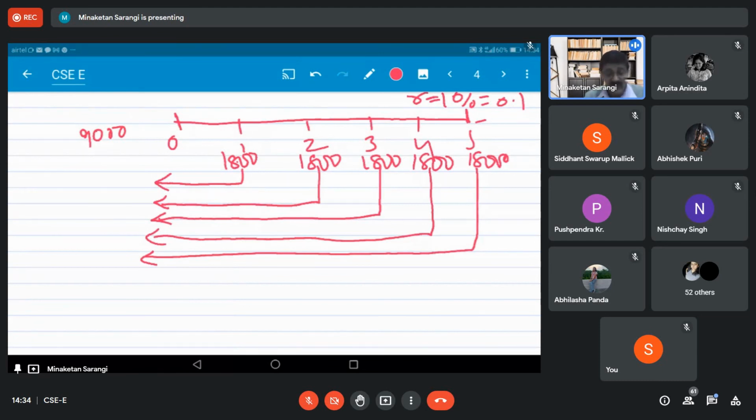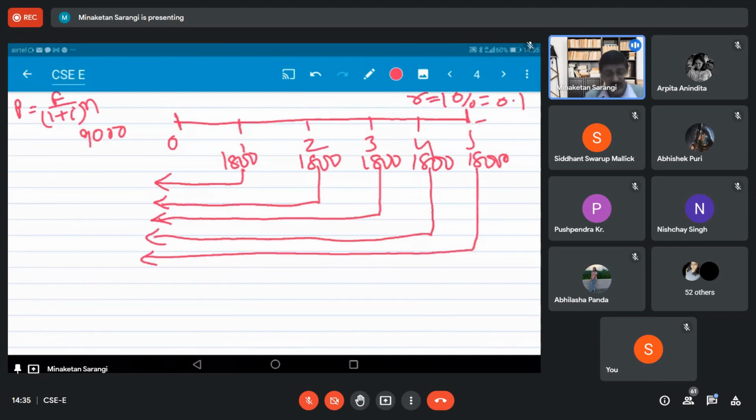You are paying 1,800 after 1 year. What is the present value of 1,800 for 1 year? We say present value is equal to future value divided by (1 plus i) to the power n. This is our formula.